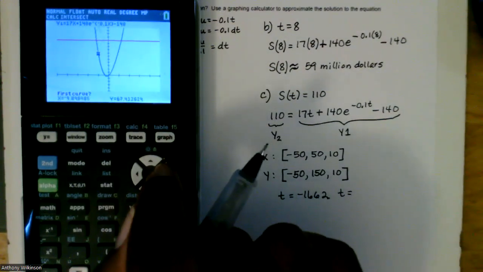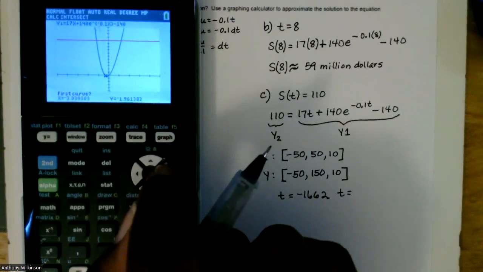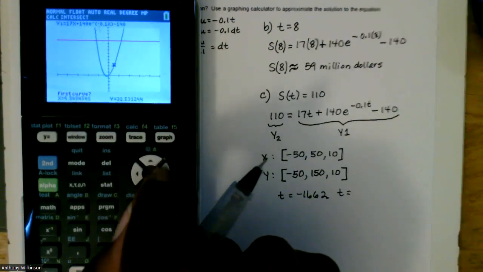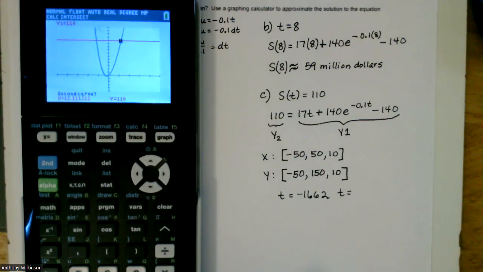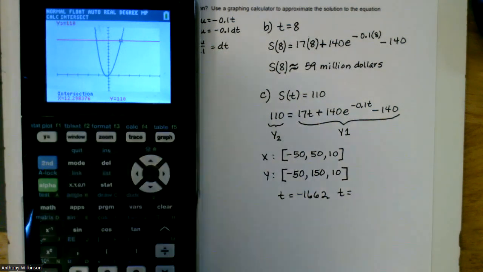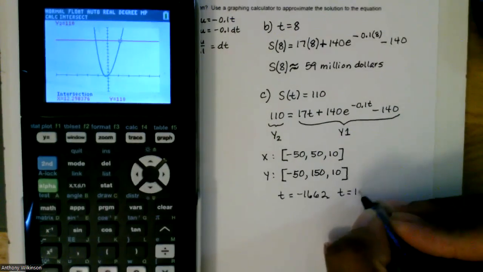Now I'm going to position the cursor using my right arrow key to the other point of intersection that's on the right-hand side. And then press enter 3 times. 1, 2, 3. And you'll see it's approximately 12.30 if I round to 2 decimal places.